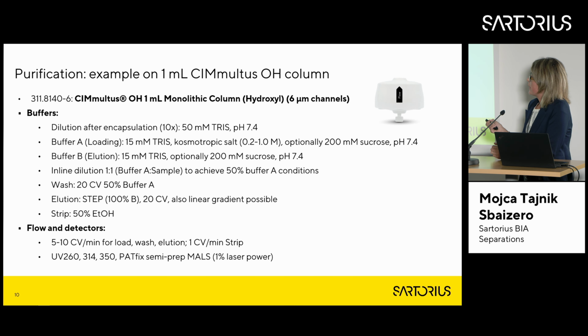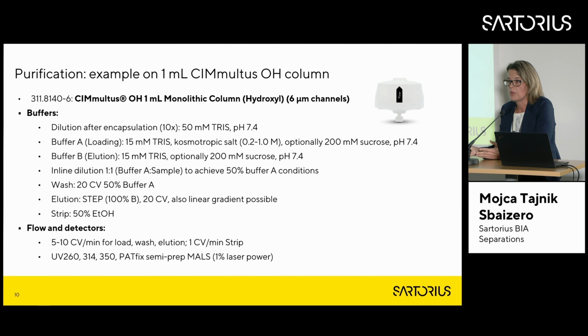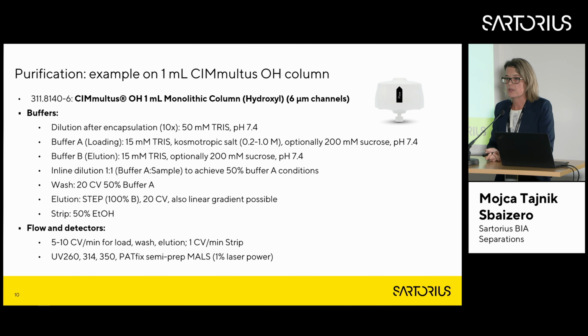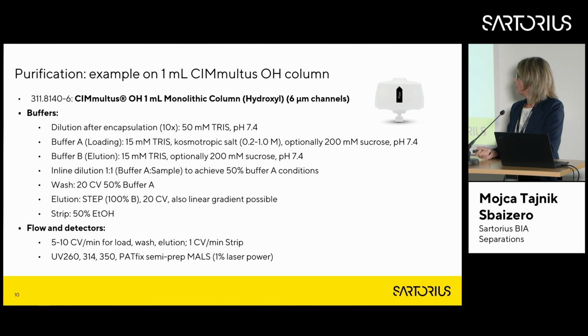You elute in the final elution buffer, so this can be your already developed final buffer for the drug product. You load on the column, wash, and elute in a step gradient to get the higher concentration. And you can strip the column and reuse it for the next purification.